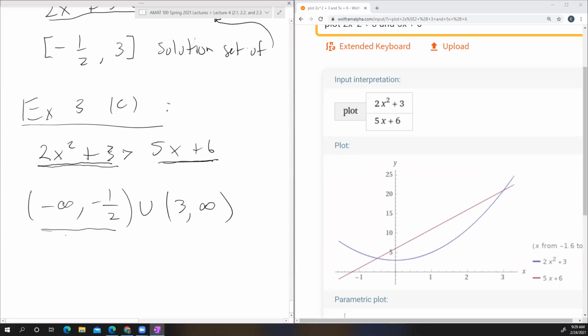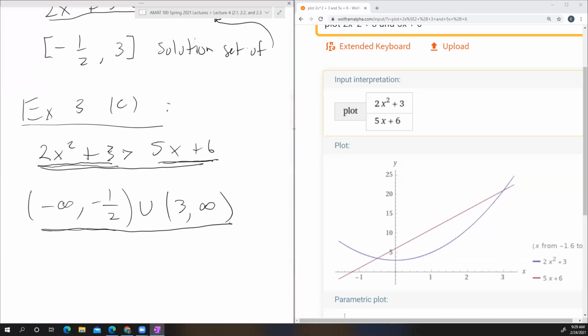But the algebraic method that I introduced to you is a certain method of proving that this is the solution set to this inequality, or proving any given solution set to a given inequality is in fact the solution set.